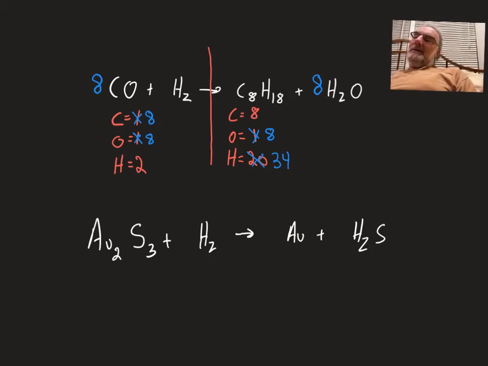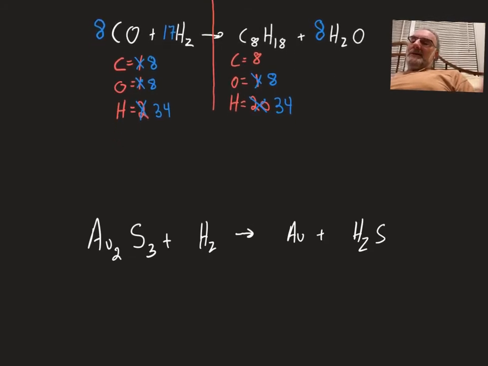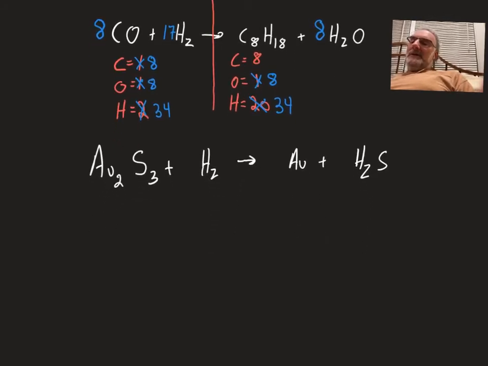I need to add 17 of those hydrogen molecules, since 17 times 2 is equal to 34. So at this point, I have balanced this reaction. I'm hopeful that that helps you to do some of your own reaction balancing. And now let's just do another example.